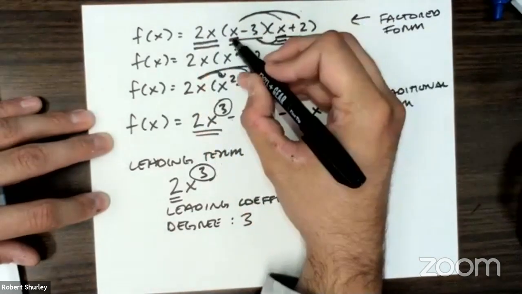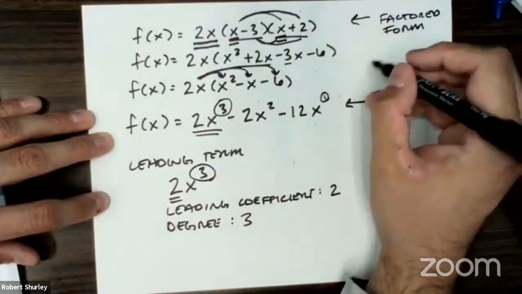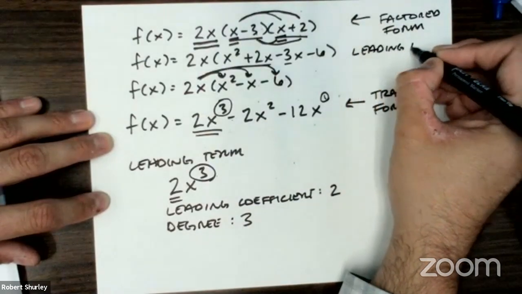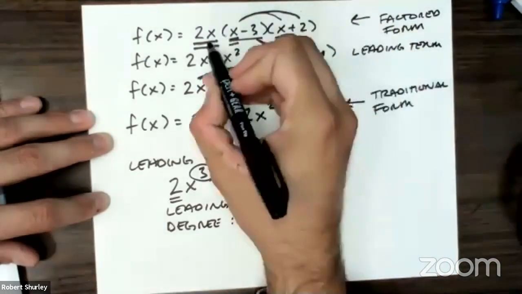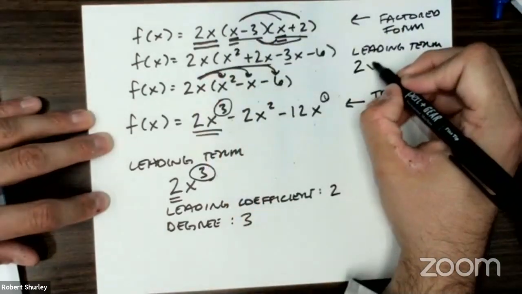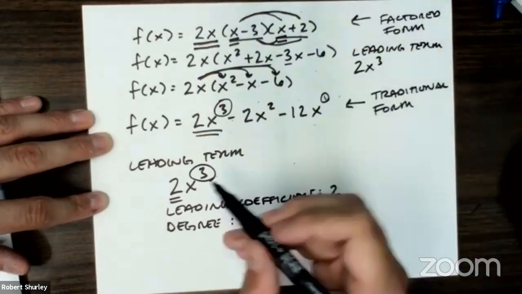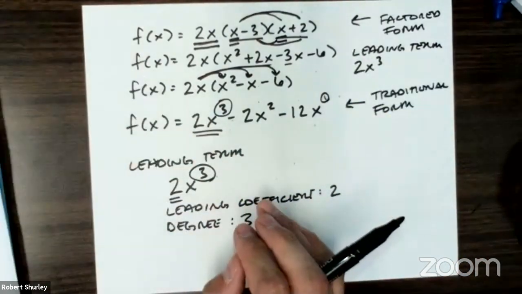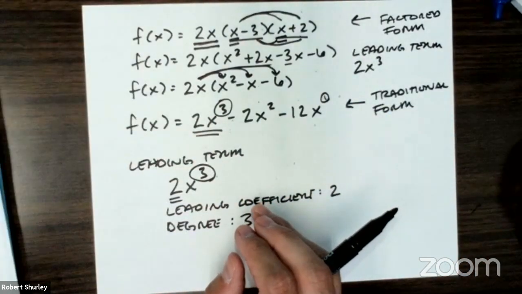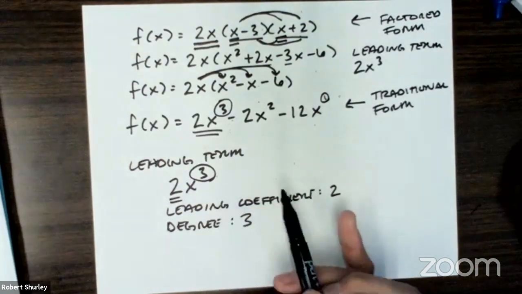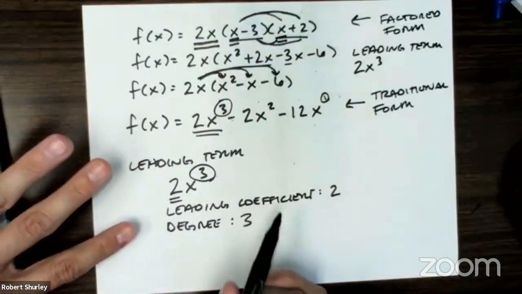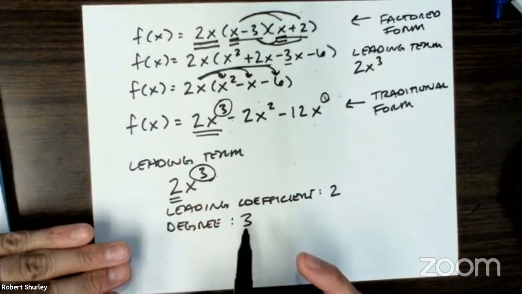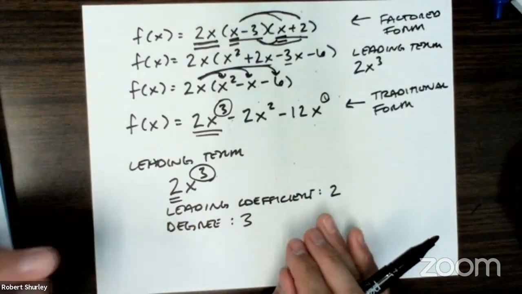So 2x times x times x. And you'll see the leading term is going to be the exact same. 2x times x is 2x squared, times x is 2x cubed. These of course have the same leading term, they're the same two functions. This will tell us something in a minute. But I need to really explain degree and leading term. Degree tells us a lot as well.